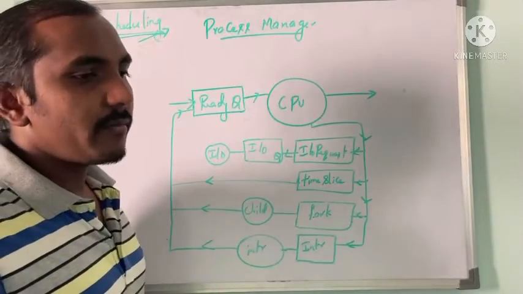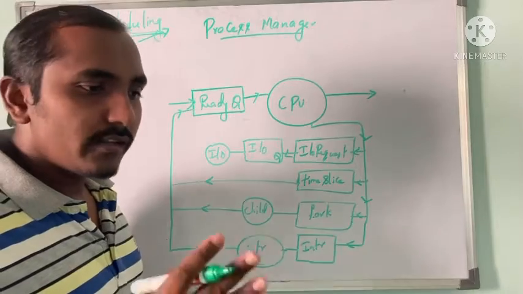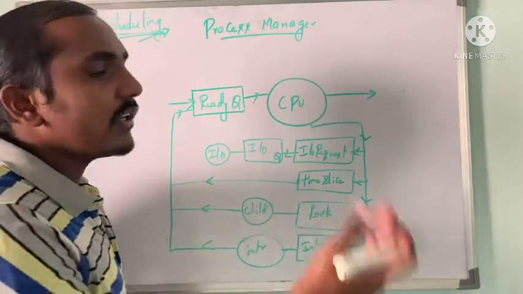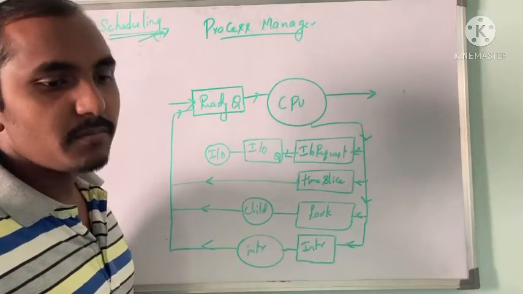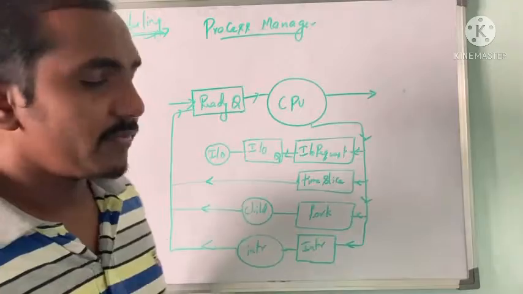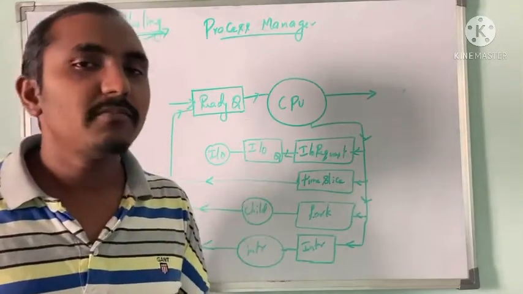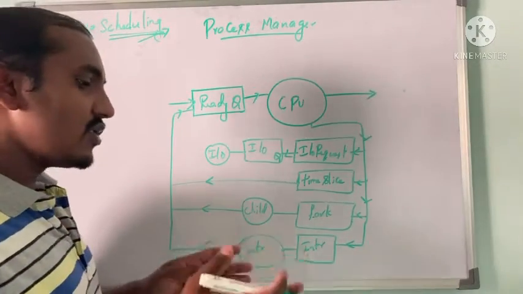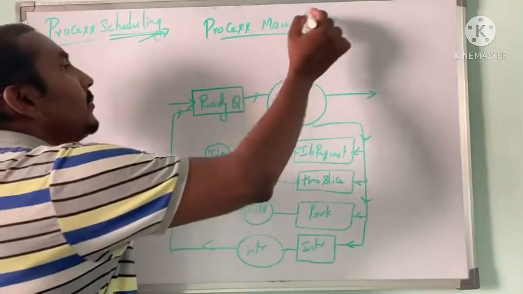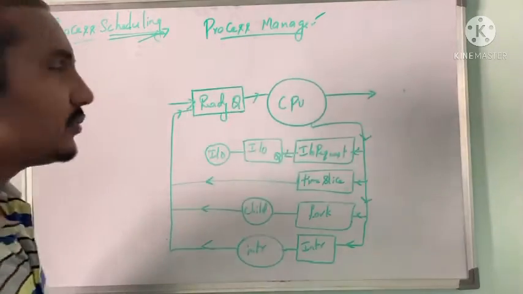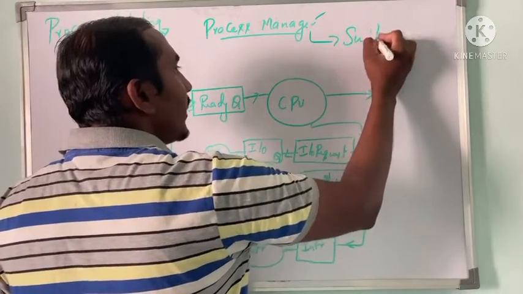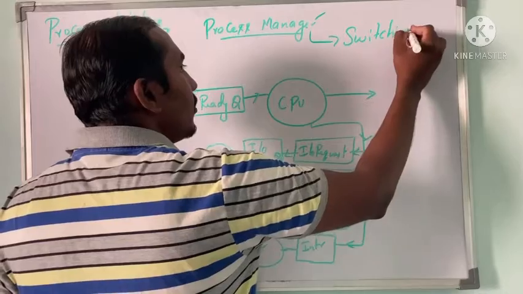For example, if I am executing one process, I will stop that process, store it, and go for the next important process. Maybe because of some input, or some resource required, or some problem, we switch from one process to another. That function is taken care of by the process manager, which we consider as switching of processes.